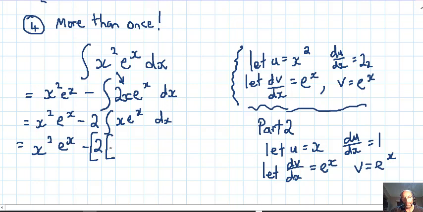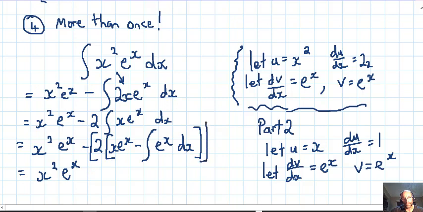Pulling out the big weapons here, we need u times v, which is x e to the x, minus the integral of v du dx, which is e to the x times 1, which is just good old e to the x. I am my own grandpa. So it keeps going down through the lineage.